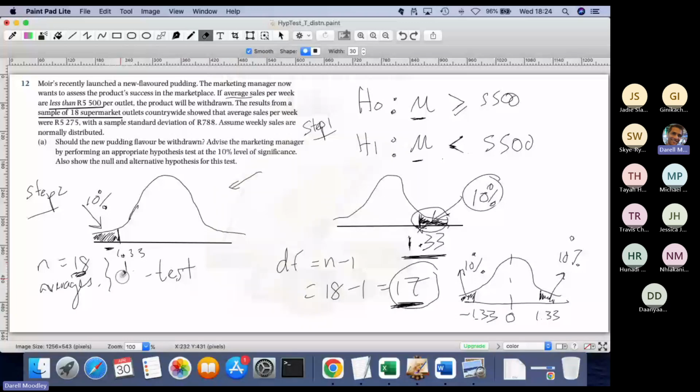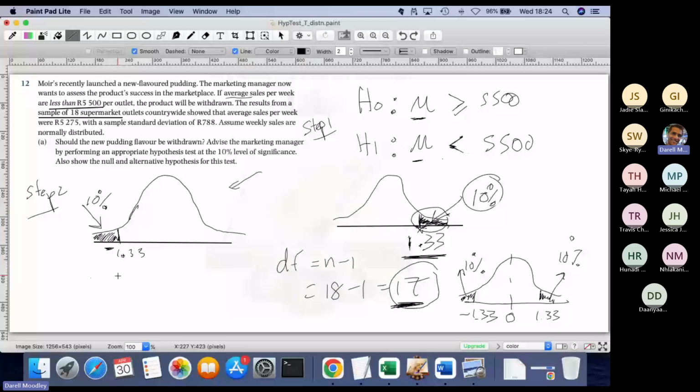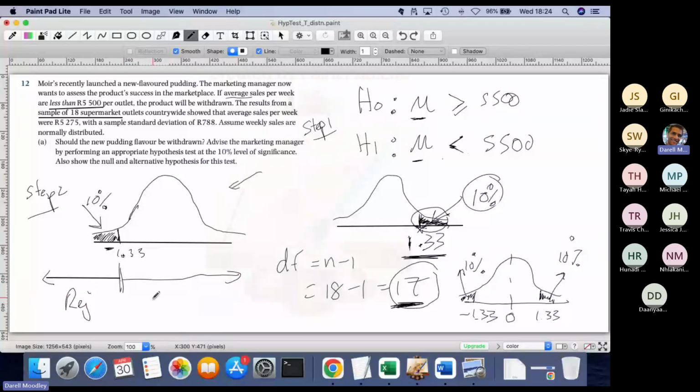You found the critical region. Everything on the left of minus 1.33 you will reject. Everything from there to there you will reject, and everything on the right you will accept H0.